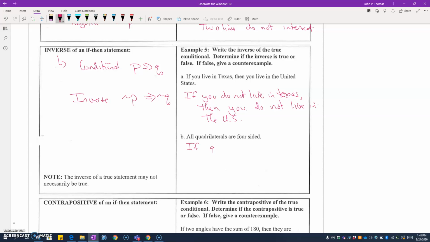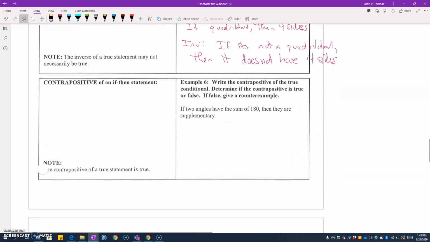So if quadrilateral, then 4 sides is the original conditional. So the inverse would be if it's not a quadrilateral, then it does not have 4 sides. So we're basically just negating the hypothesis and the conclusion.